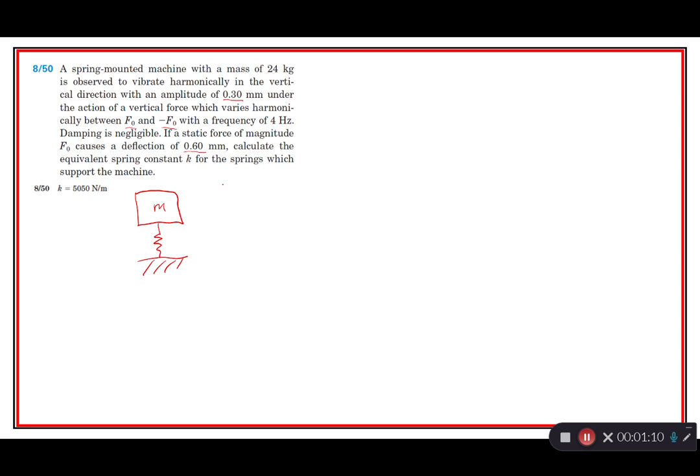We do know that we have a forcing frequency, and it's going to be the sine of omega_f t. And omega_f can be found by multiplying 2 pi times f. So 2 pi times f comes out to 25.13 radians per second. So that's something I can get right away.